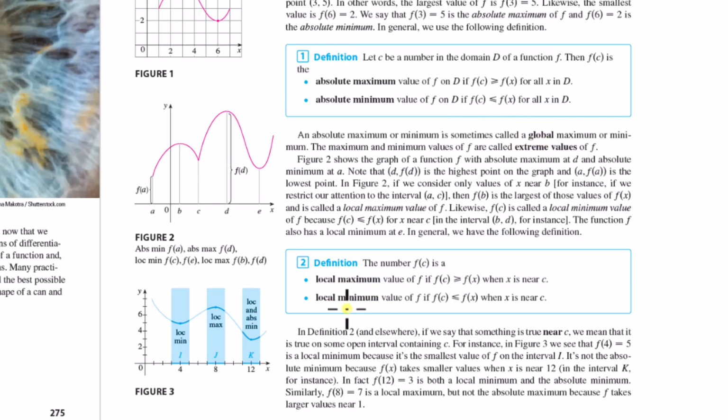Local maxes and mins are based on some open interval within the function. Inside that open interval, there may be a local max, there may be a local min, there may be both, there may not be either.